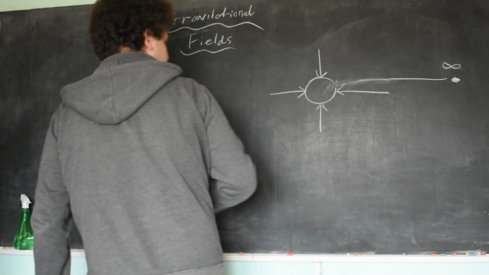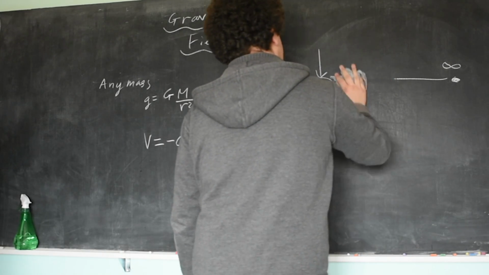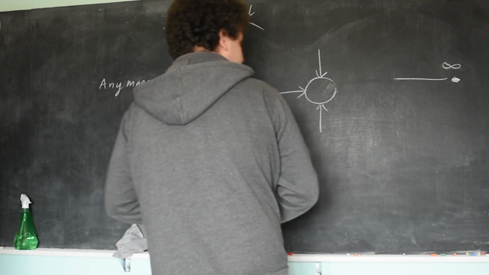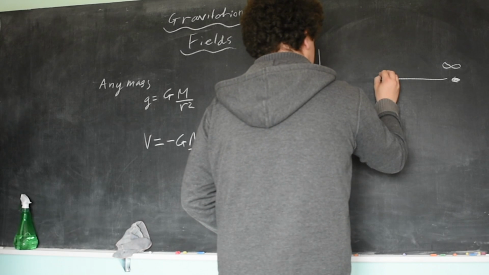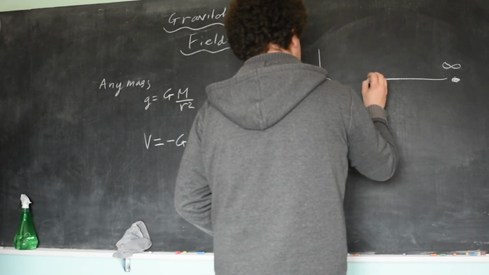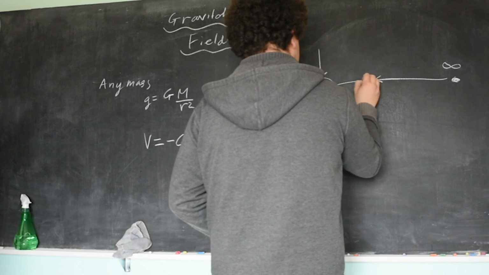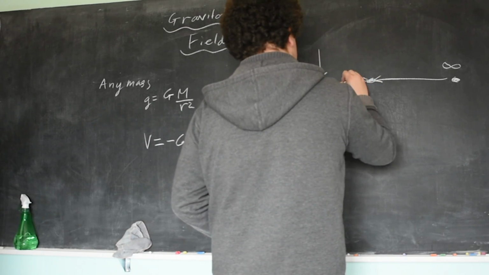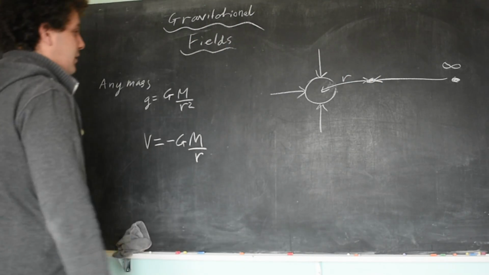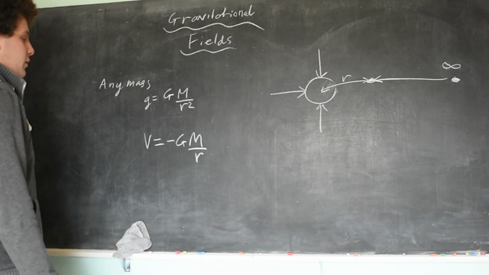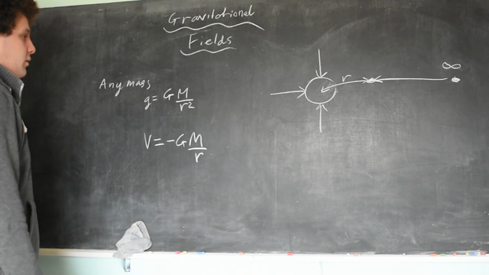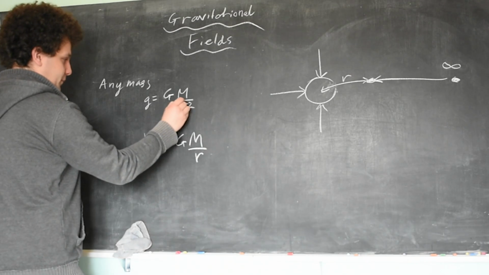I can represent that with a little arrow. The distance from there to there. Big G is 6.67 times 10 to the minus 11, the gravitational constant. What is this r?